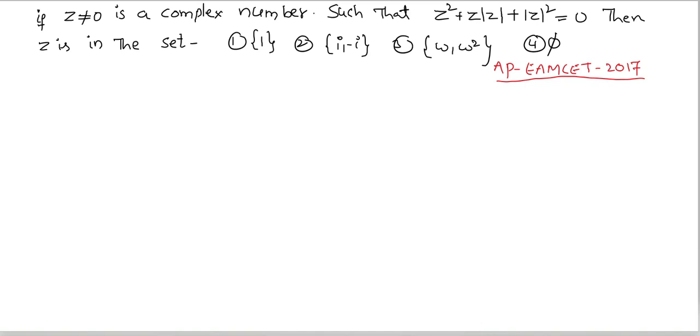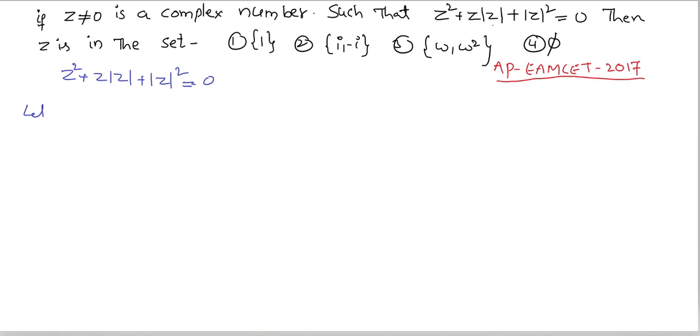If z is not equal to 0 is a complex number such that z square plus z mod z plus mod z square is equal to 0, then z is in the set of. This is an AP EAMCET 2017 question. Here the given relation is z square plus z into mod z plus mod z whole square is equal to 0.